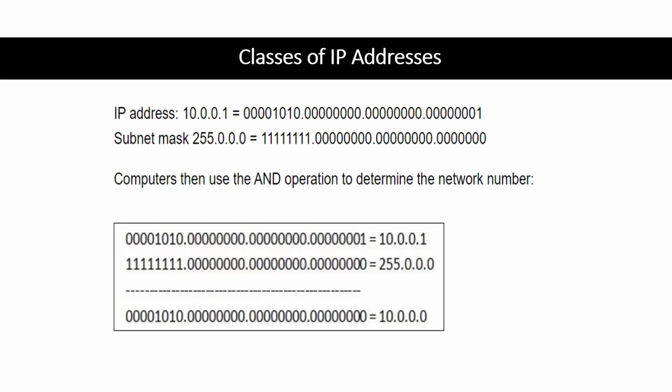But if we go to the last octet, which is a 1 as a decimal, and convert that to binary, we see 00000001. This is where it's going to get tricky. I'm going to try my best to explain it. If it doesn't make sense, I will send you guys videos.